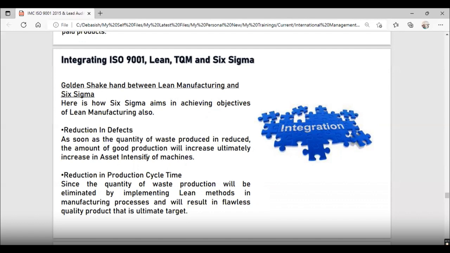Two, reduction in production cycle time. Since the quantity of waste production will be eliminated by implementing lean methods in the manufacturing process, it will result in a flawless quality product, that is the ultimate target.